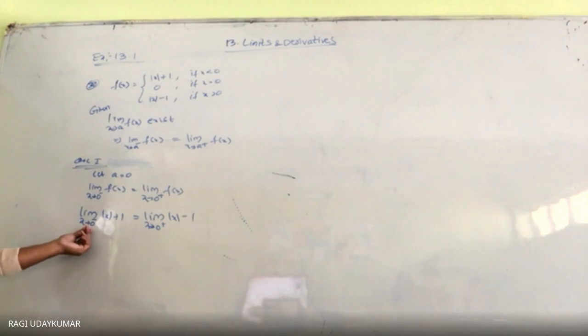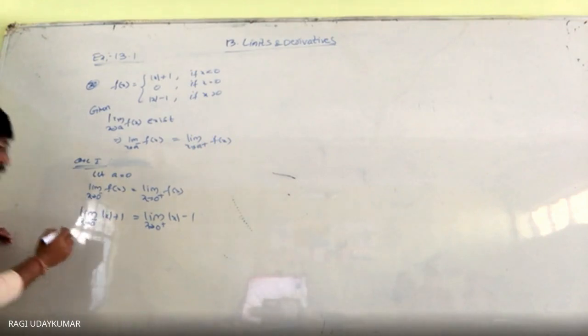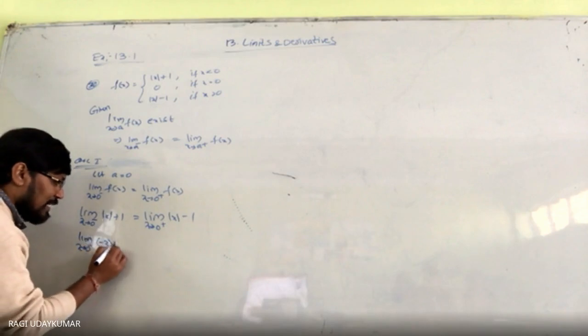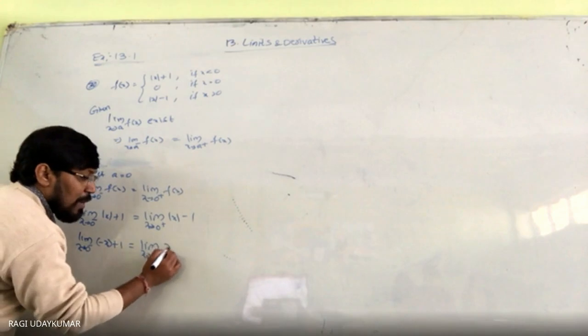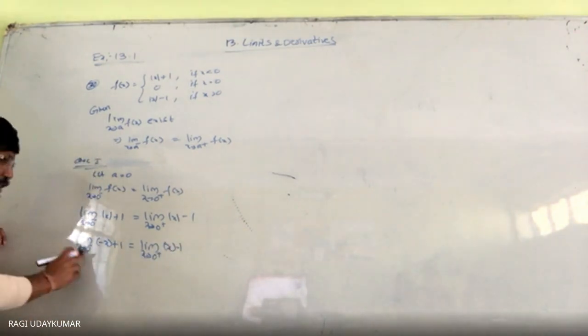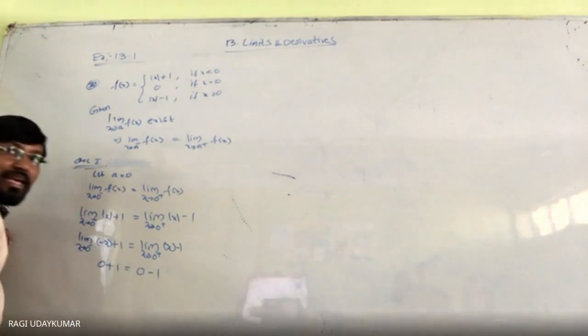When x is less than 0, as per the definition of mod x, |x| is minus x. So the limit as x tends to 0 minus of (-x + 1) is equal to the limit as x tends to 0 plus of (x - 1). Now substitute 0: 0 + 1 = 0 - 1.